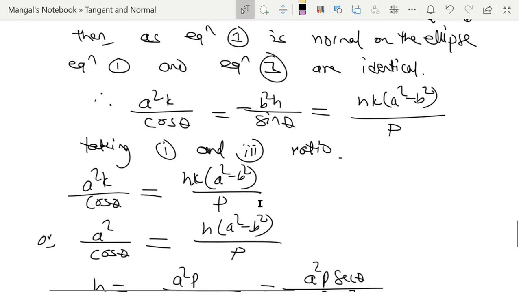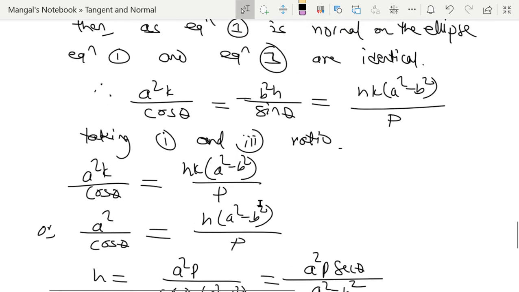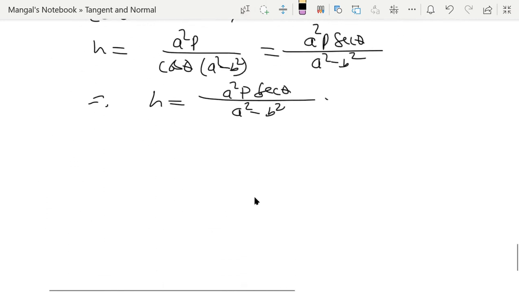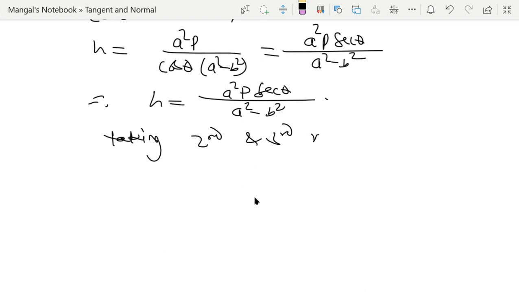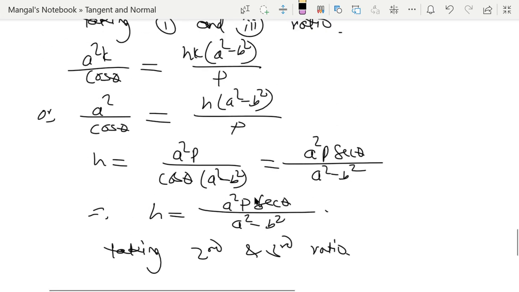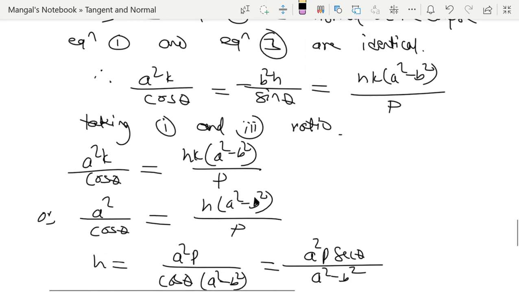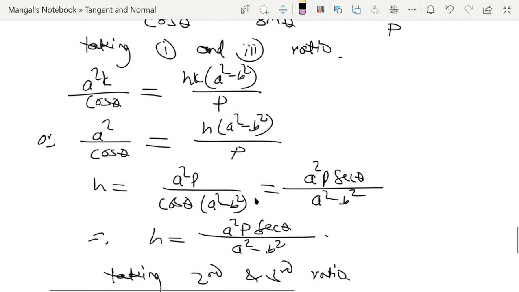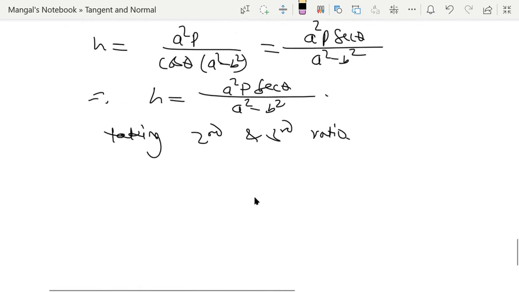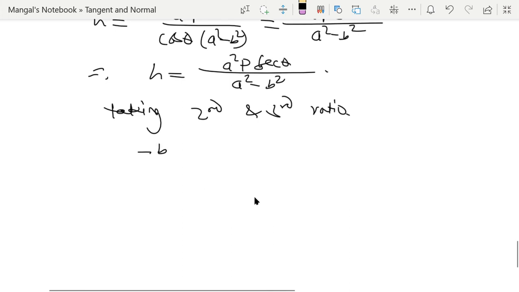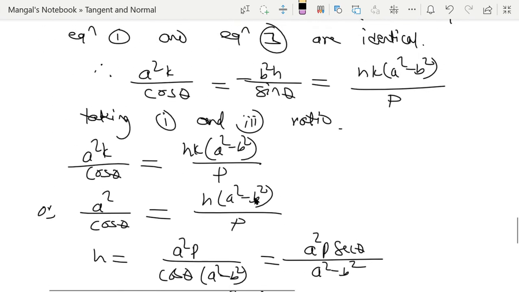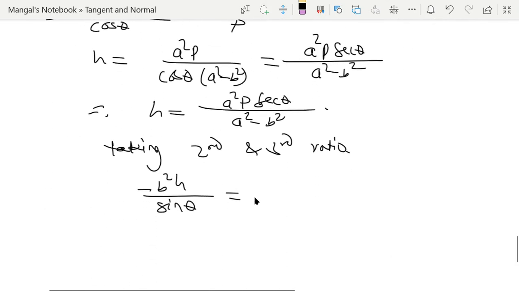Now let's take the second and third ratio for finding the value of k. Actually I should have written first and third earlier, but I have written it that way over there. So second and third: minus b square h by sin theta, and on the right side hk a square minus b square by p.